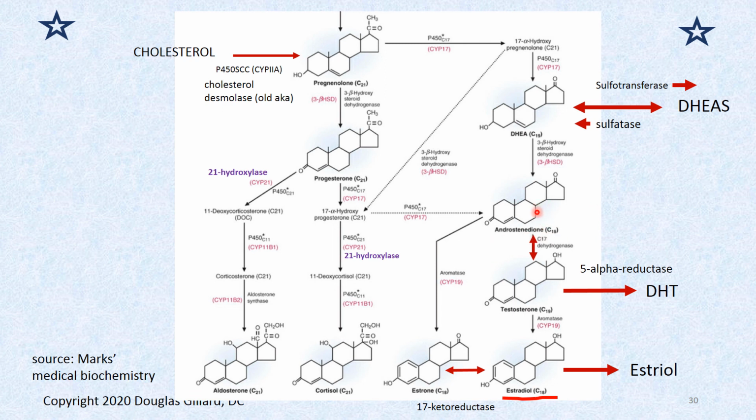Androstenedione can be converted quickly by one enzyme, this dehydrogenase enzyme, right into testosterone. It can also be converted right into estrone, which is one of the estrogens, by aromatase. And estrone can be converted back into estradiol and then estriol. So estrone, estradiol, and estriol, these are the 3 estrogens here.